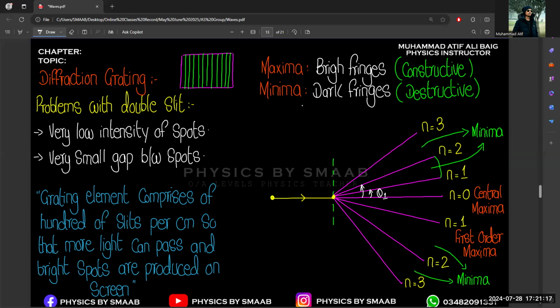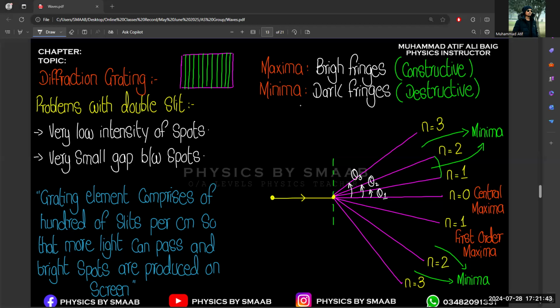This will be theta 2. And the same way, the third one, theta 3. So in this diffraction grating experiment, angle theta is also important. So we are going to use theta also in this topic.